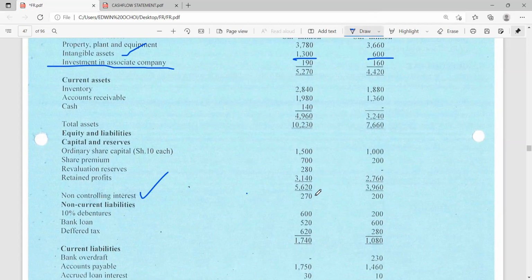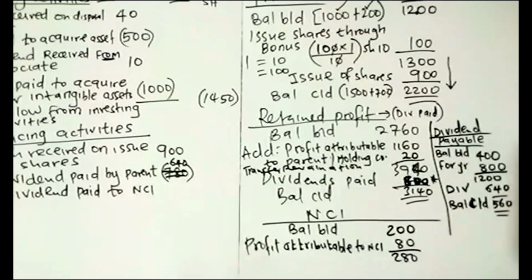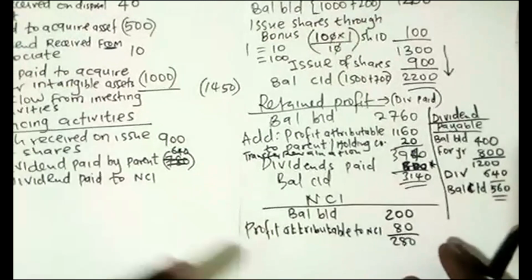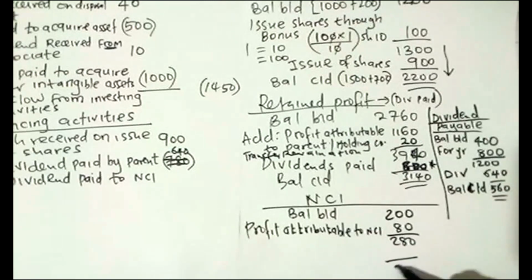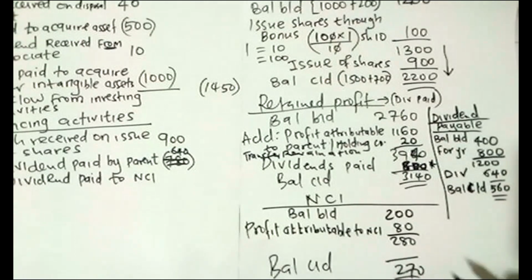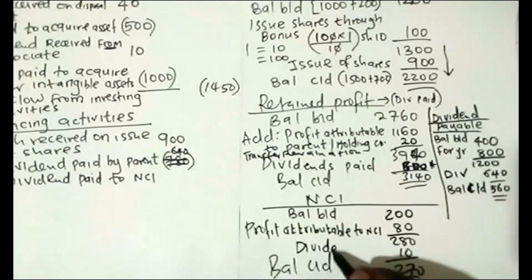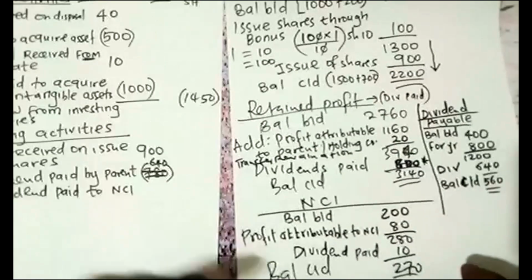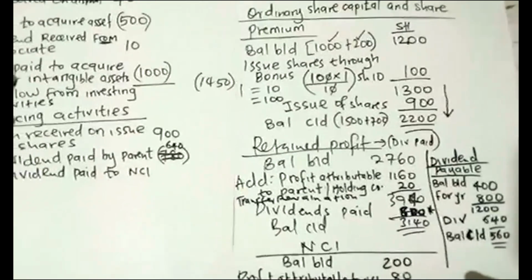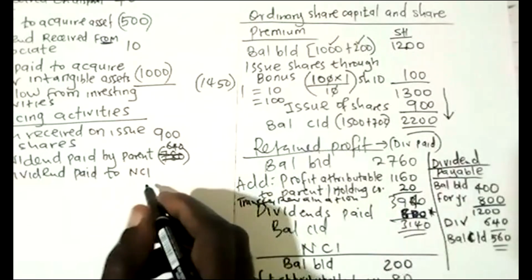So there's a reduction of 10. Balance carried down is 270. So it's a reduction of 10, dividends paid to NCI, so 10.